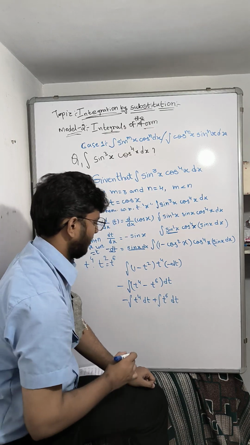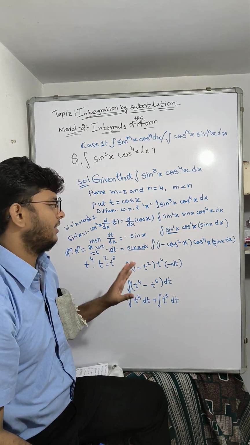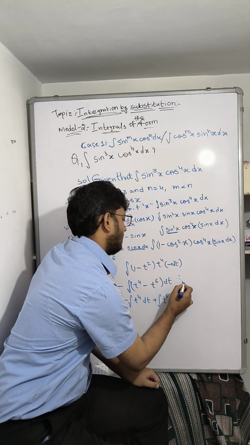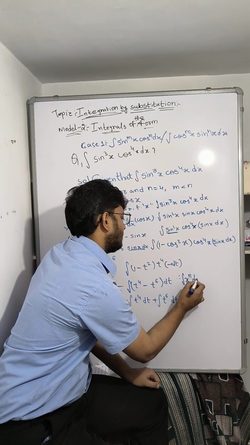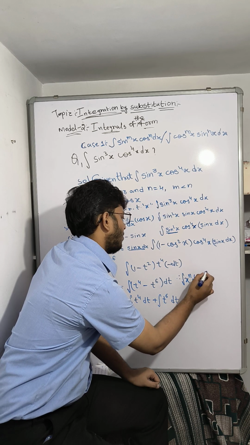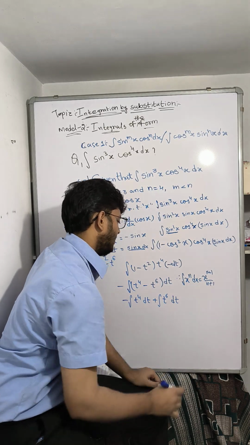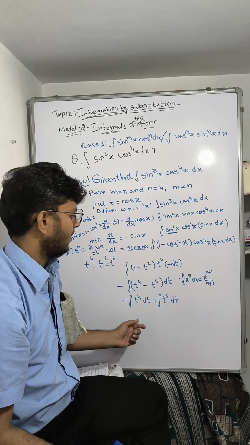Then we know the integration formula. What do we know? Integral x to the power of n dx is equal to x to the power of n plus 1 by n plus 1. Here what is n? Here 6 and here 4.